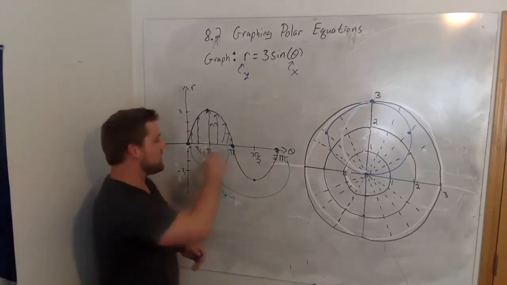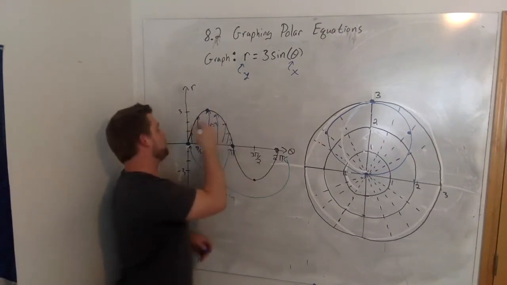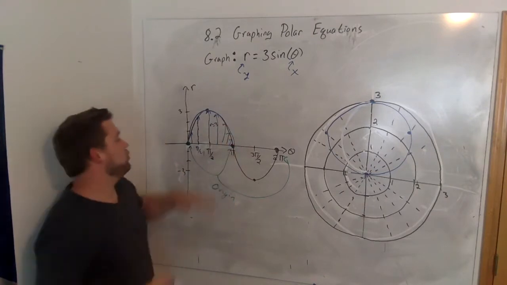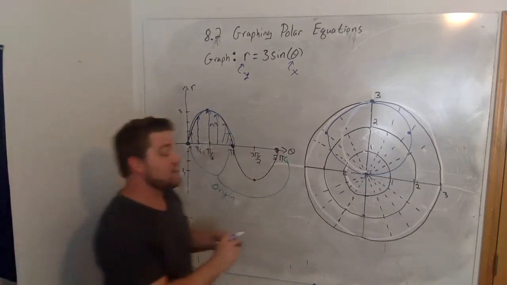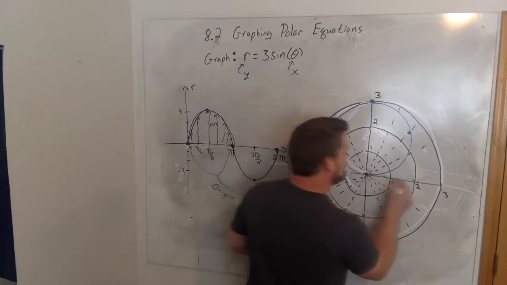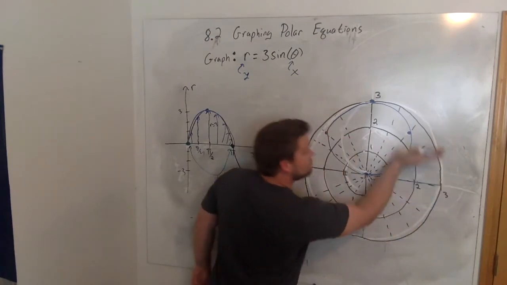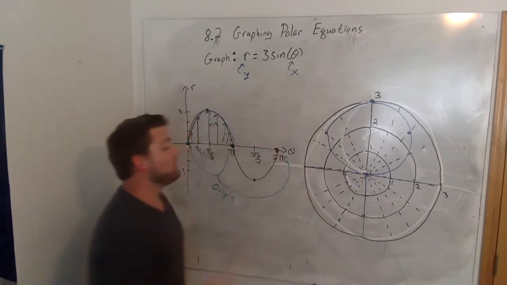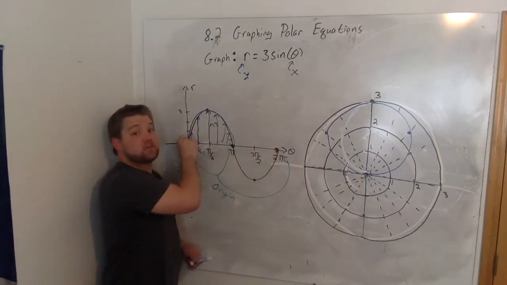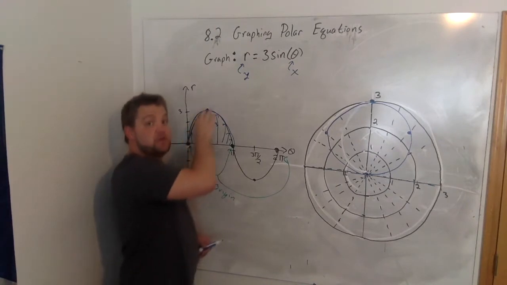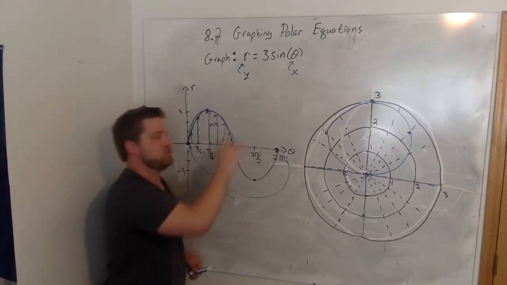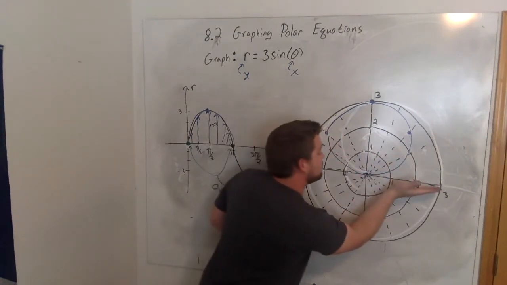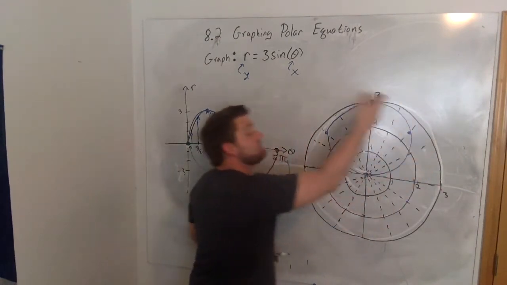And a good thing to think about on this first upper loop right here is that when we rotate between 0 and pi, so I'm going to mark that, when we're rotating from 0 radians to pi radians, I'm going to start at the origin, my radius gets bigger, and then I go back to the origin. So I almost know that between 0 radians and pi radians, I have to have some sort of loop.